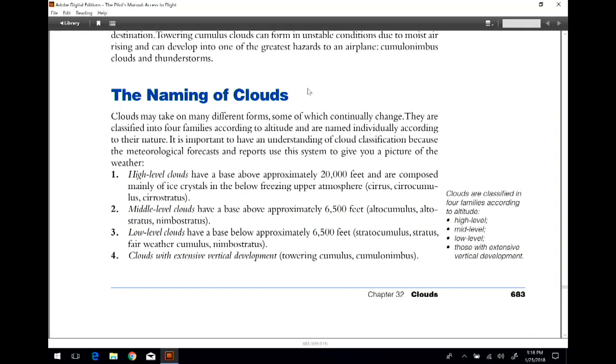If you look in the margins here, and we look at these here as 4 categories. Well, before I get there, let me talk about the 4th. Clouds with extensive vertical development. So what does that mean? Well, that's going to be a cloud that has been subject to enough atmospheric instability and enough lifting action for this cloud to be really, really tall.